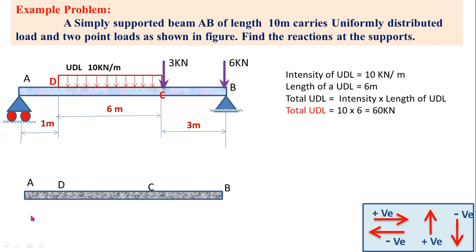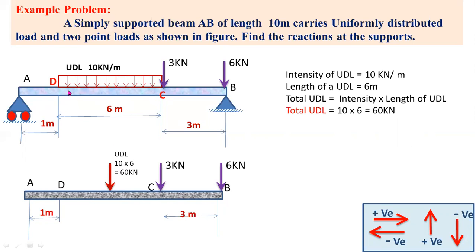This is ABCD beam, simply supported beam. Here you can observe, I consider these 2-point loads as they are, and here I consider a point load of 60 kilonewtons between the points C and D. Always the UDL load acts at the center of the UDL.